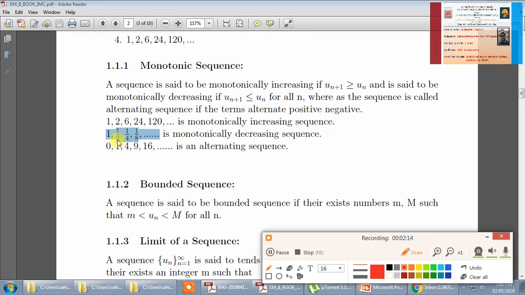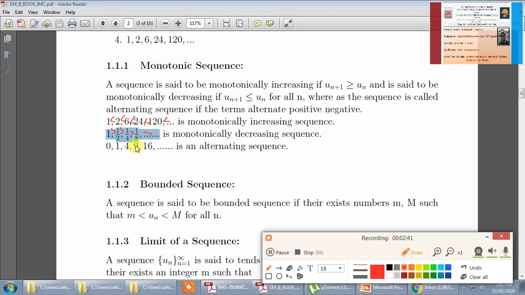So after 1 it is 1 by 2, so you know that 1 is greater than 1 by 2. So u1 is greater than u2, u2 is greater than u3, u3 is greater than u4. So the condition here is like this. Here we have less than, less than, and less than. Here we have greater than, greater than, greater than, greater than.